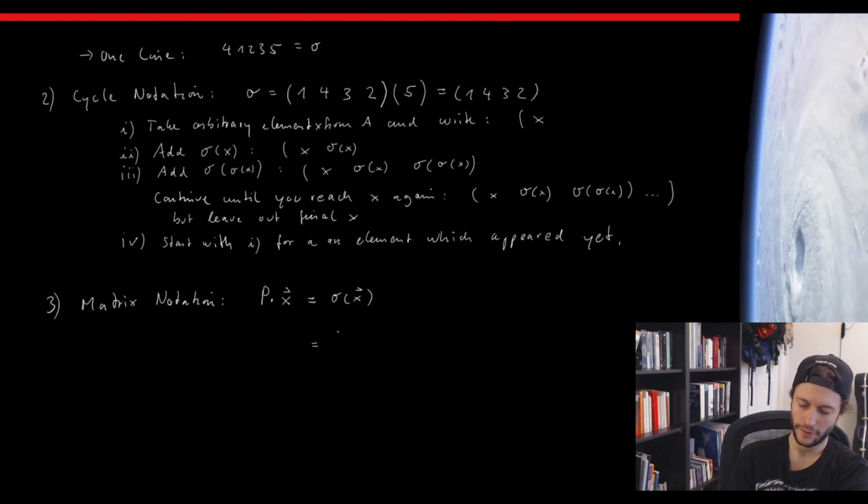So let's fill this out. X would be 1, 2, 3, 4, 5. Sigma of 1 was 4. Sigma of 2 was 1. Of 3 was 2. Of 4 was 3. Of 5 was 5.